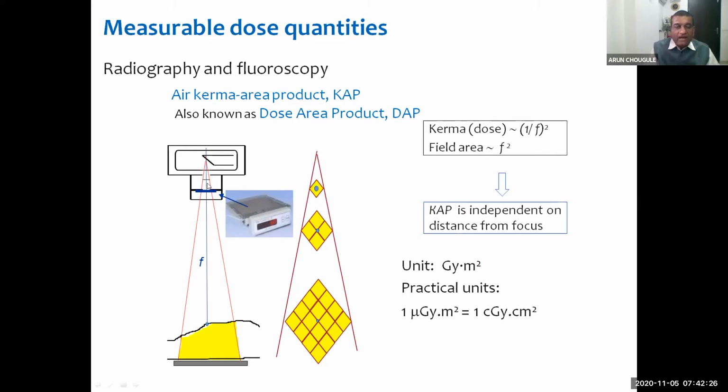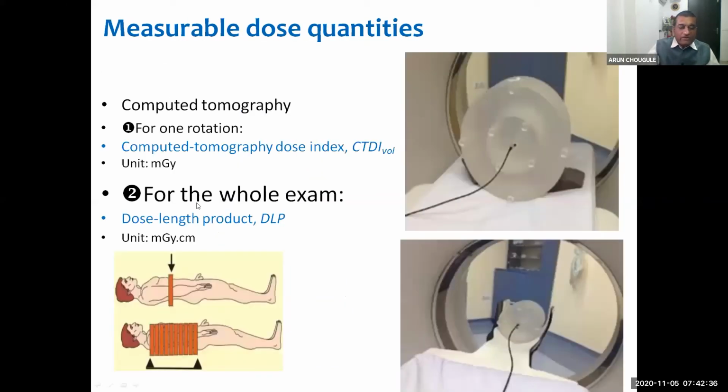So, DAP meters: in the European Union, DAP meters are mandatory for the X-ray unit, not yet in the Asian countries. When you talk about the CTDI or DLP in computed tomography, you have a CT phantom, and you have the ionization chamber, minimum 10 centimeters long, and then you measure for a single rotation or multiple rotations with the product.